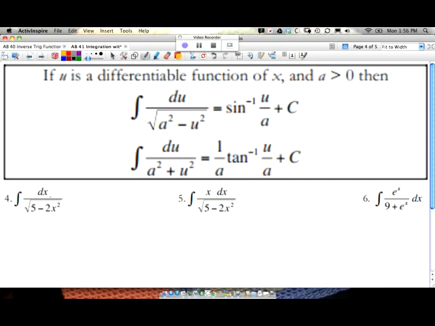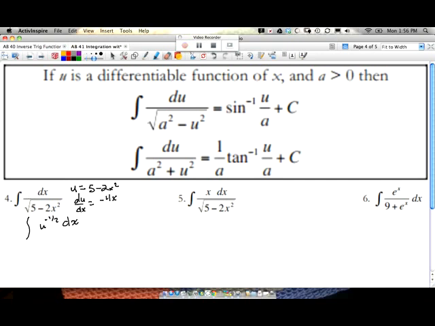Well, if I were to try a u substitution, I would say u equals 5 minus 2x squared. Then I'd have the integral of u to the negative 1/2, and then the dx. I have to take care of that dx. We do du dx is negative 4x, and then I'd start trying to move stuff around. But the problem is there's no x. It's not there, and it needed to be there.